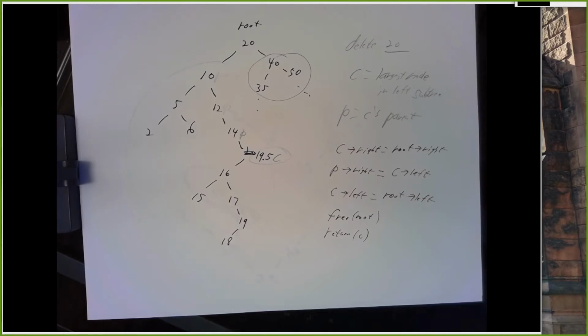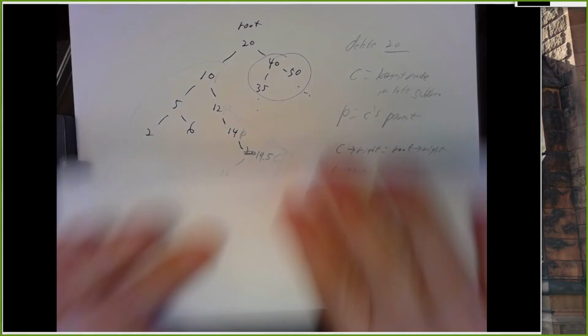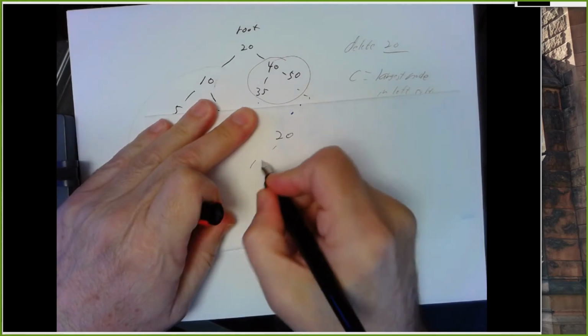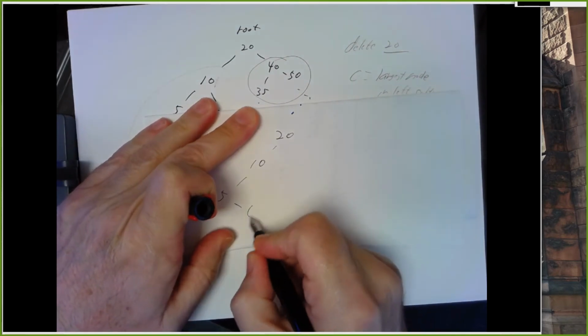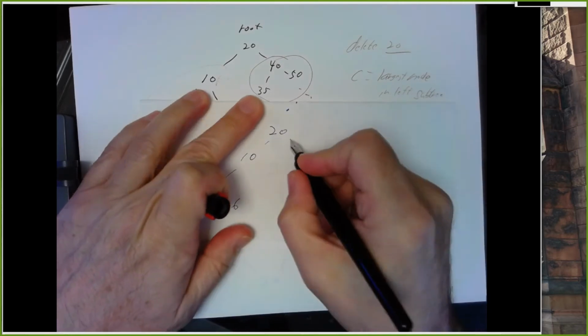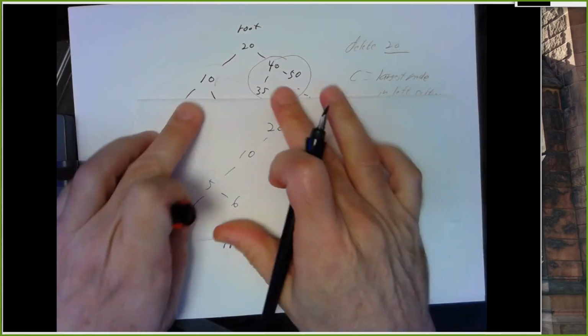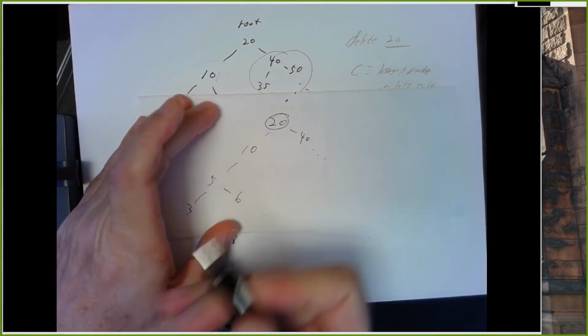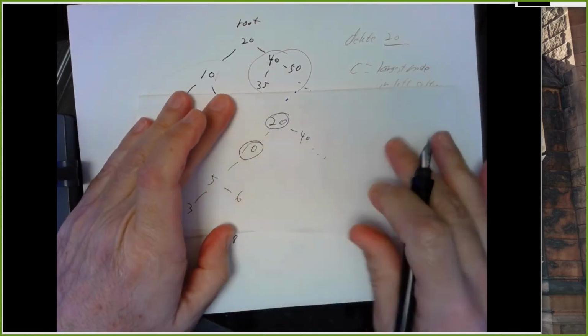And there's more edge cases on top of this. One edge case is the situation where you have something like this. We're deleting the 20. The largest thing in the left subtree is 10.